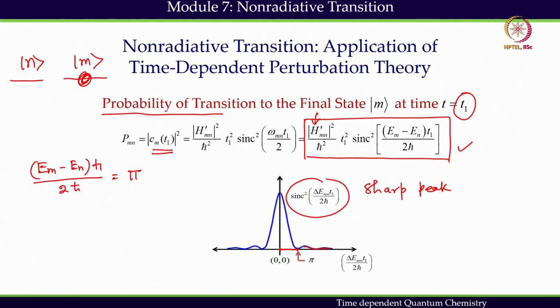So you can say that this is a very sharp function, a sharp peak, and then almost nothing. That's why we are saying that this particular region is defining the width of this cardinal sine function. And if it is so, then I can write this energy difference between the initial and final state, delta E mn, which is going to be 2 pi h cut by t1.